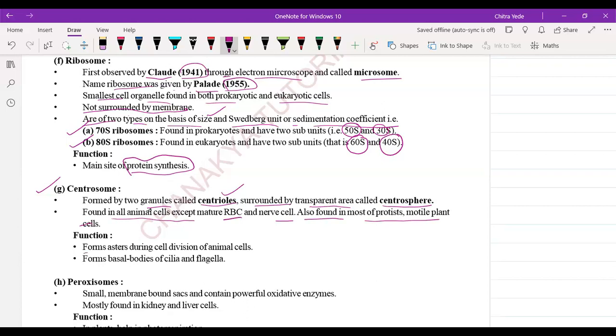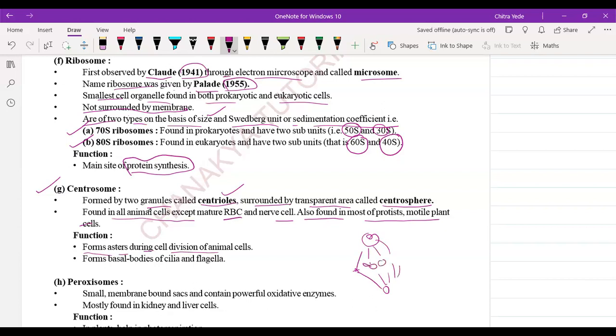Function: they form the asters during cell division. They split during cell division into two parts. One part reaches one pole and another reaches the other pole. And they produce the spindle fibers, and these spindle fibers help in nuclear division.